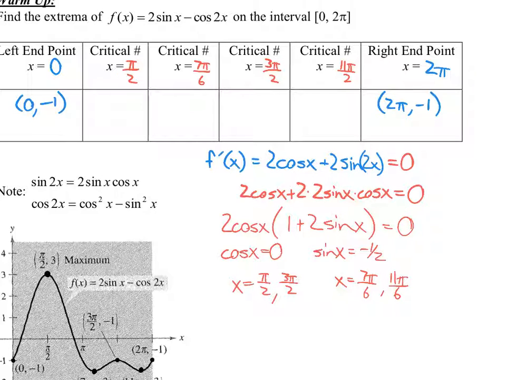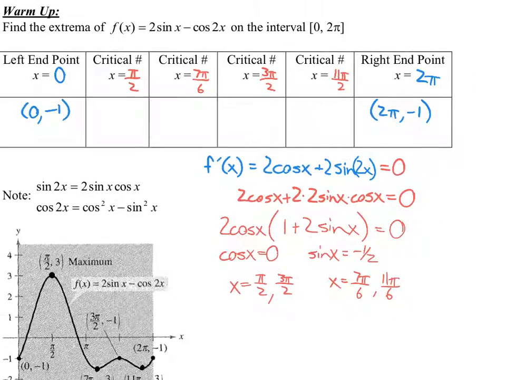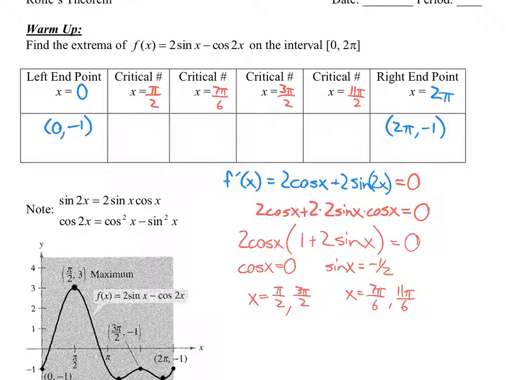Now, at this point the problem asks for the extrema, so all I need are the absolute max or min values. Since that's the case, I don't actually need to do a sine diagram. If I wanted all the relative max or mins, then I would want to do a sine diagram.